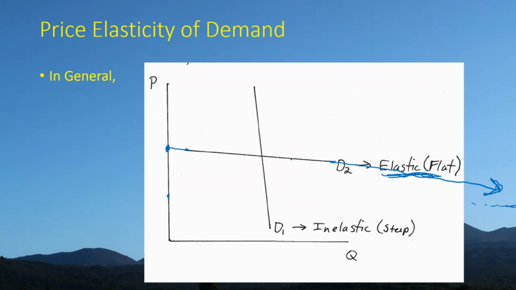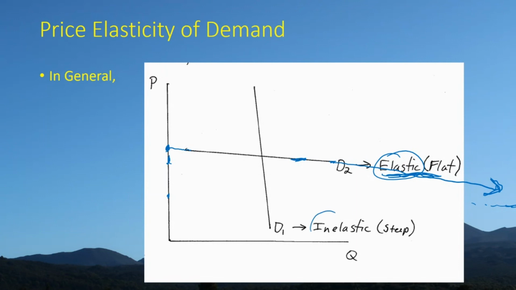All right, which means that if we're in this flat segment of the demand curve here, we are to the left of the midpoint, and therefore we have to be in the elastic range of that demand curve. So a very flat demand curve is extremely sensitive to changes in prices. Change the price just a little bit, and you're going to get a big increase in demand, right? And that's because we're to the left of the midpoint, and that's how we would reflect an elastic demand.